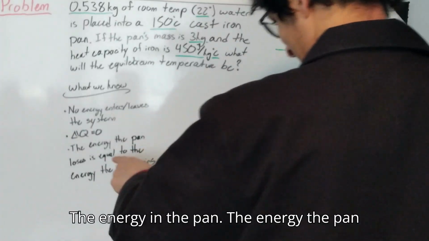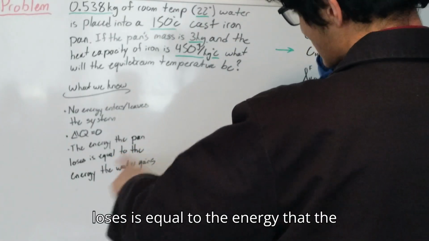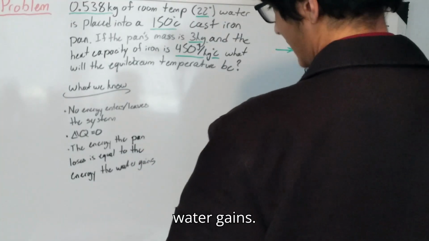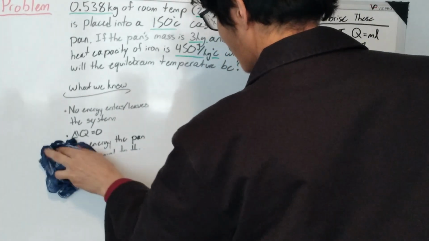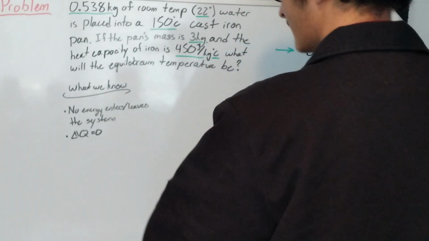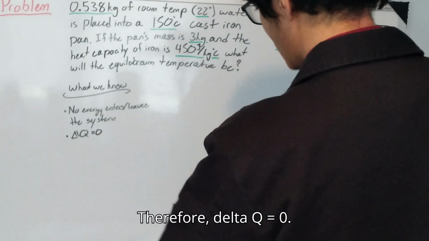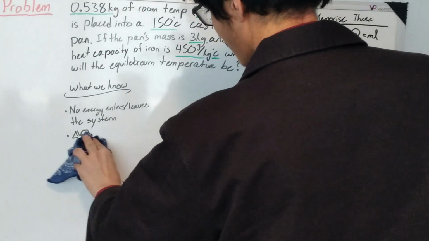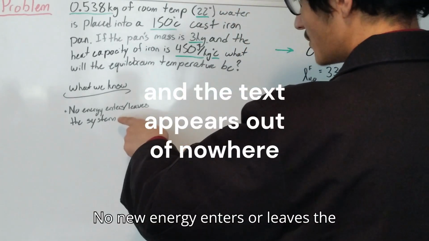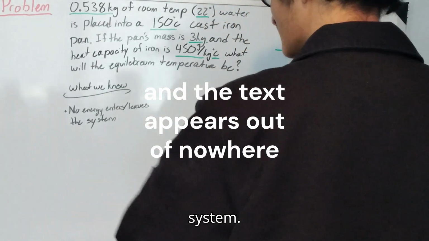The energy the pan loses is equal to the energy that the water gains. Therefore, delta Q equals 0. No new energy enters or leaves the system.